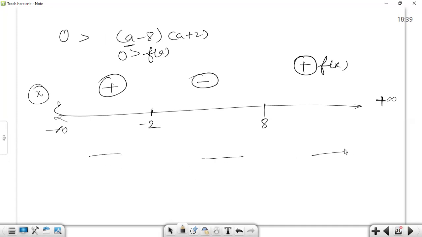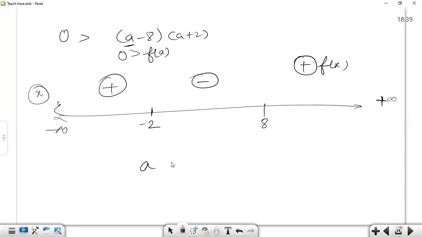This one, or this one? The second one, sir, it will be negative. Second one. Yes, sir.